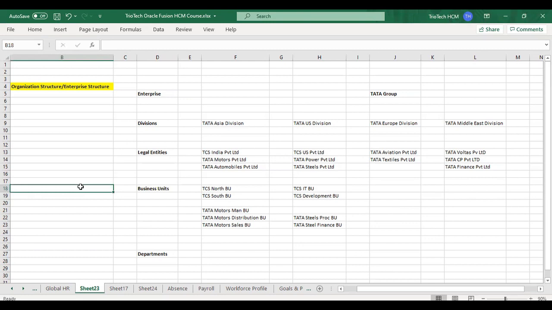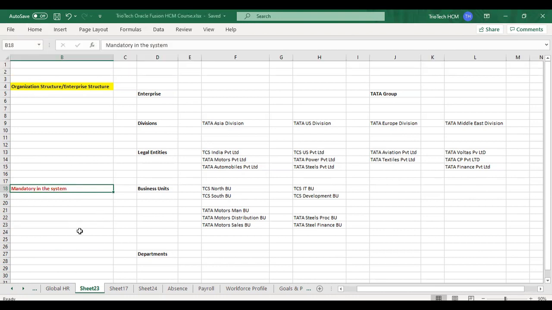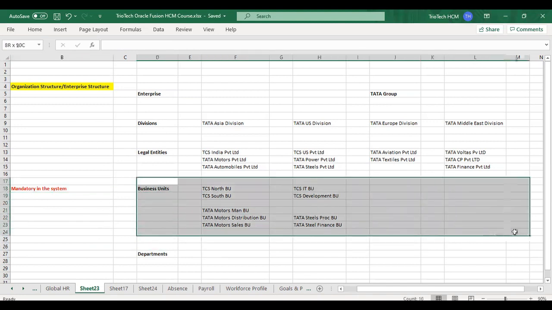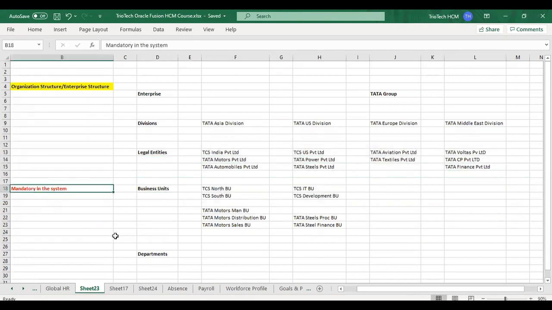Business units are utmost mandatory in the system. Why? Without the concept of BUs, we can't define our application. That's how important the concept of business unit is. Other things are also required, but business units are utmost mandatory in the system.